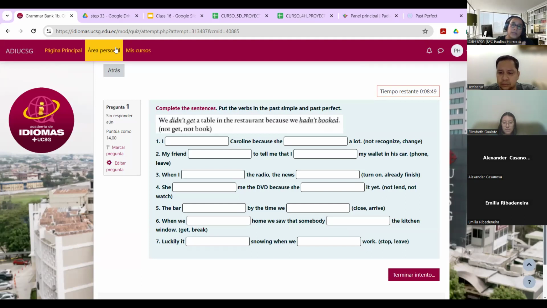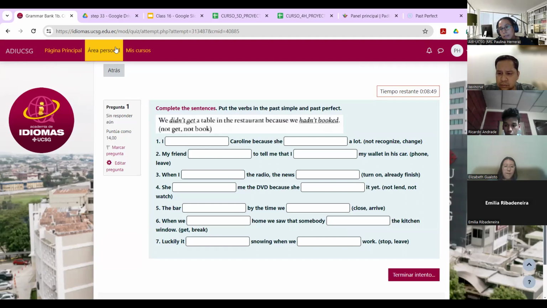There you go, Elizabeth. Miss, 2 minutes. Hurry up. A question. Yes. In the case of 7, we put first had stopped because it's the action that is first. Number 7 says, luckily it had stopped snowing when we left work. Yes, because if not, it wouldn't be luckily.